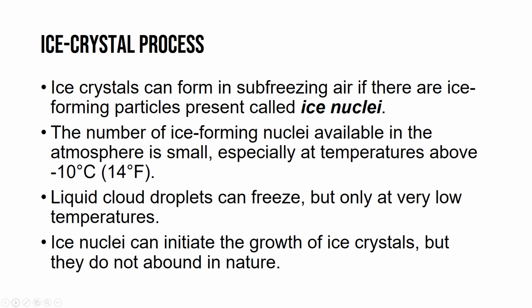So how is snow formed if ice nuclei are very few in the environment? Liquid cloud droplets can freeze, but only at very low temperatures, as I've mentioned a while ago. Ice nuclei can initiate the growth of ice crystals, but they do not abound in nature.